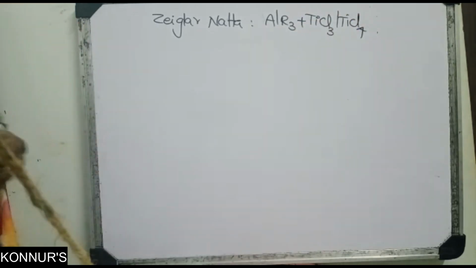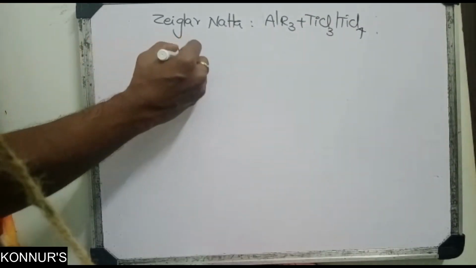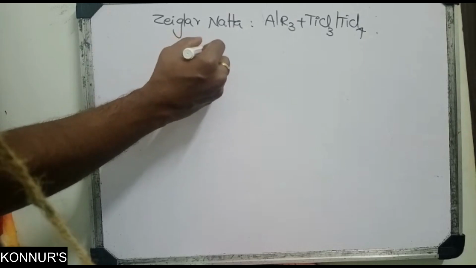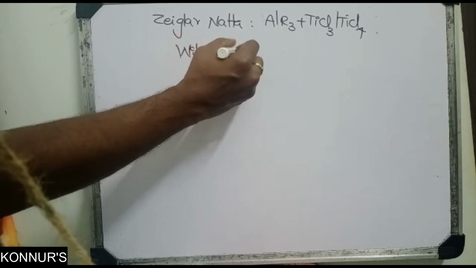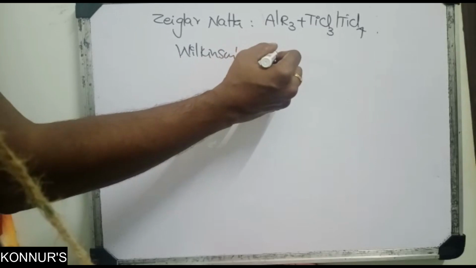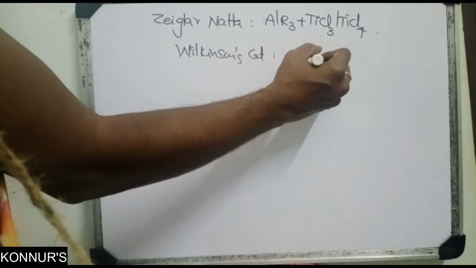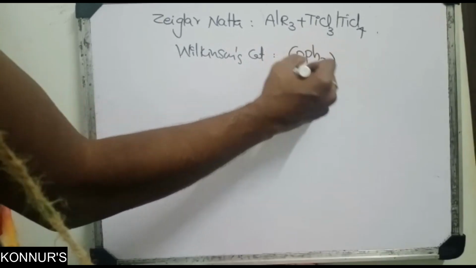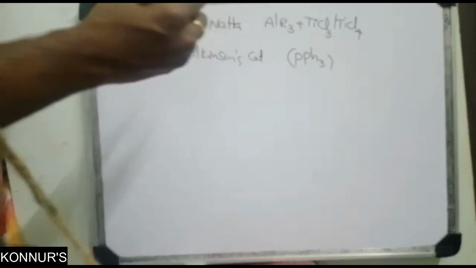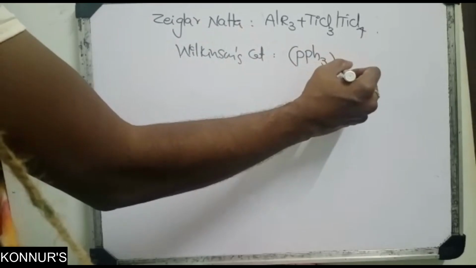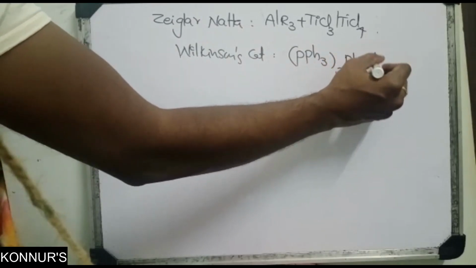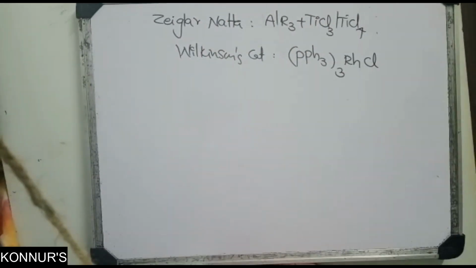So titanium chloride. Next, Wilkinson catalyst. So Wilkinson catalyst, triphenyl phosphine rhodium chloride. So that is a Wilkinson.